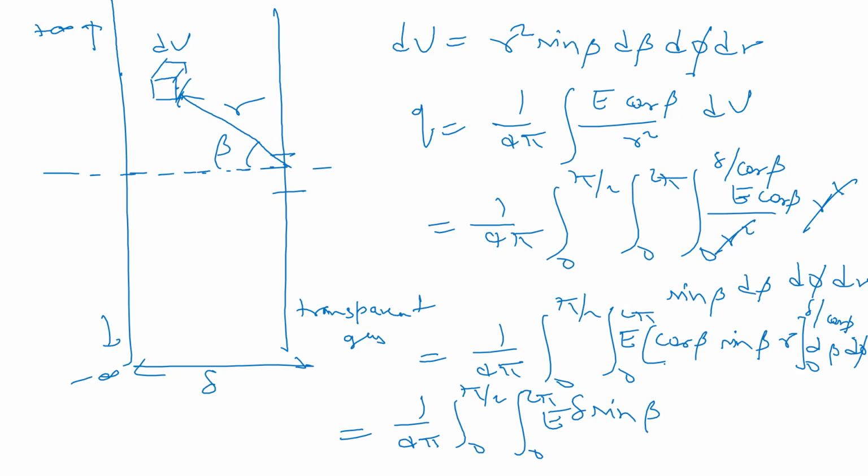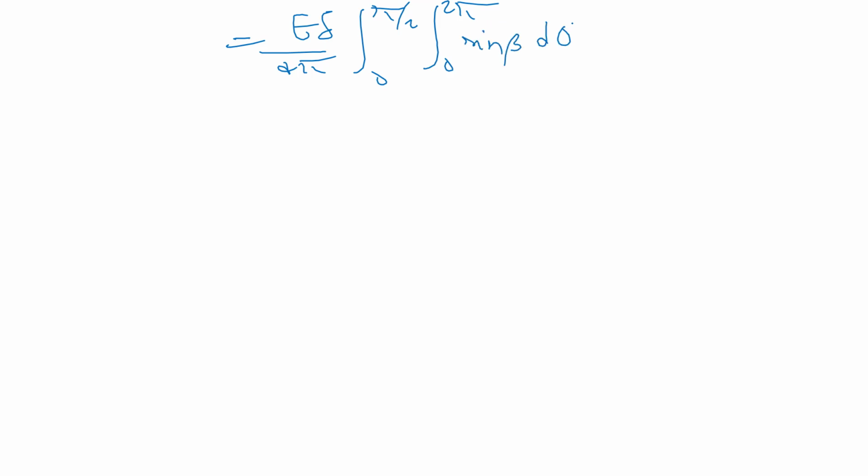If E is constant, it can also be taken out. So this E delta I will take out, and I will get E delta upon 4 pi integration 0 to pi by 2 integration 0 to 2 pi sine beta d phi d beta.